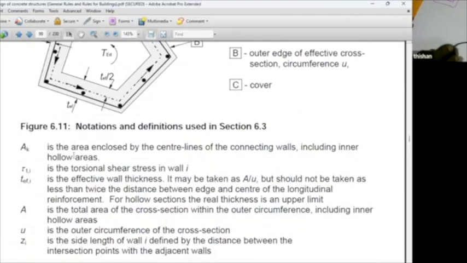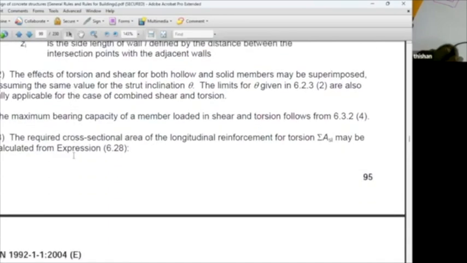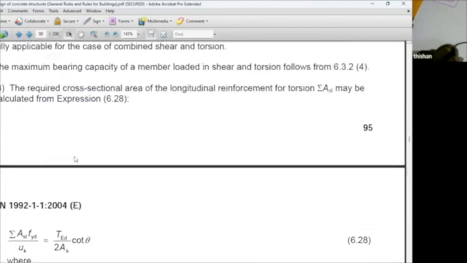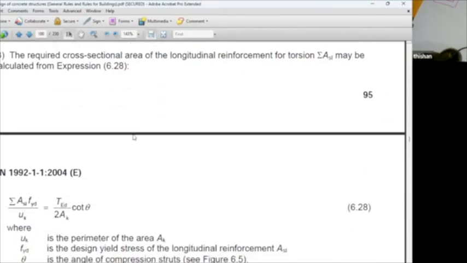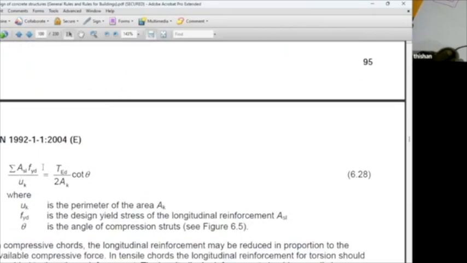And then it says the required cross-sectional area of longitudinal reinforcement for torsion, ASL, may be calculated from the expression ASL over UK, where UK is the perimeter of the area AK, and it is given by an equation like this.